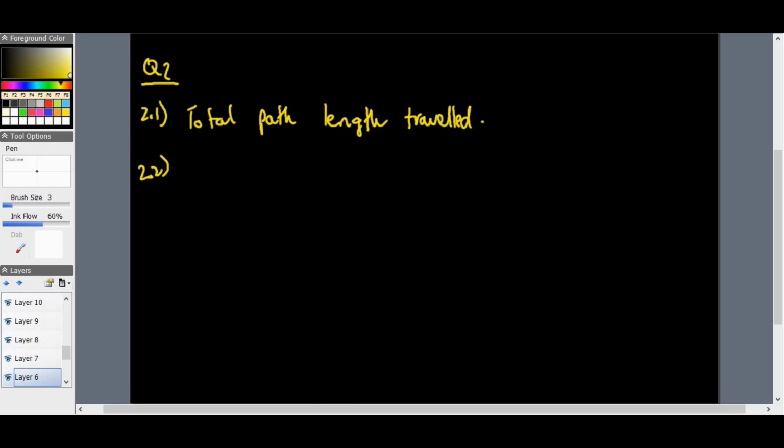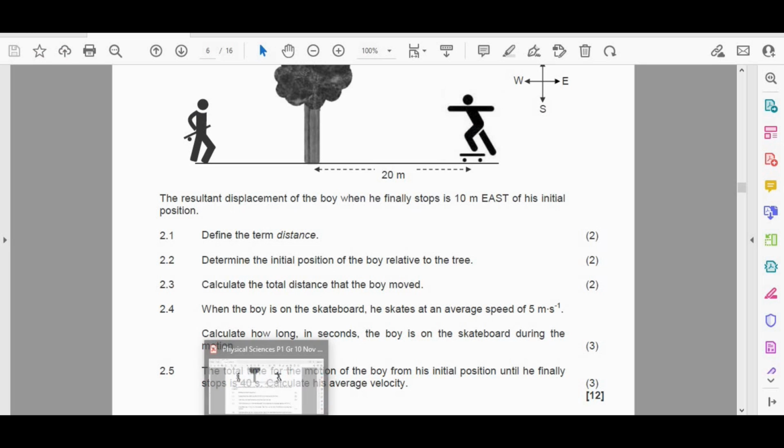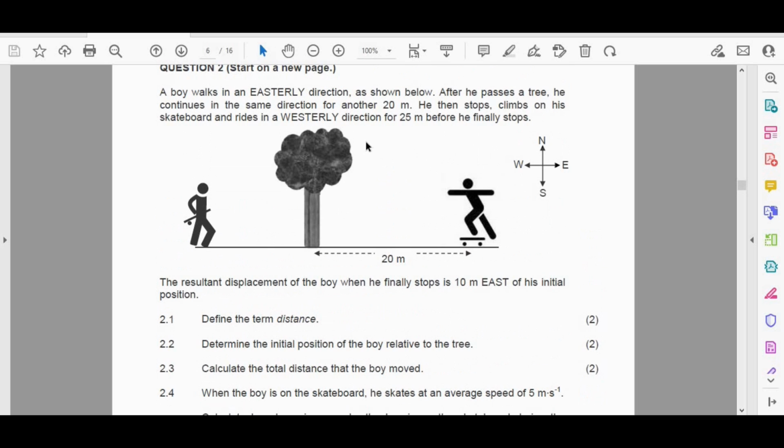The next question: determine the initial position of the boy relative to the tree. Okay, so let's see. He goes easterly as shown below. He continues in the same direction for 20 meters, and then he stops, climbs on his skateboard westerly for another 25, so he covers the same 20 meters plus an extra 5.